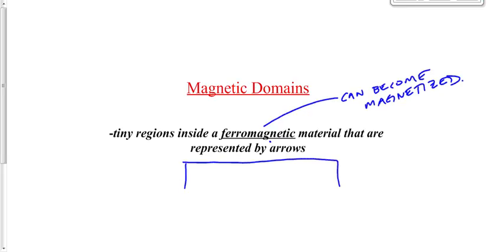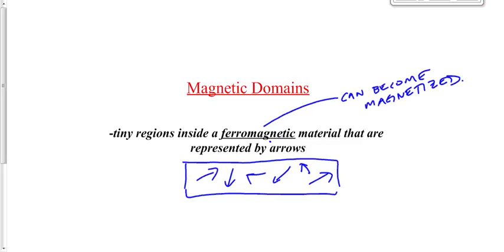If you have that piece of steel or iron or cobalt, some ferromagnetic material, and we represent these domains by arrows, what we would find is that normally these arrows would point in more or less random directions. This is a non-magnetized ferromagnetic material. This is the leg of your desk right now.